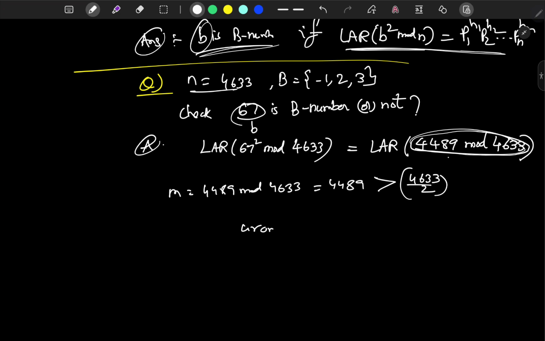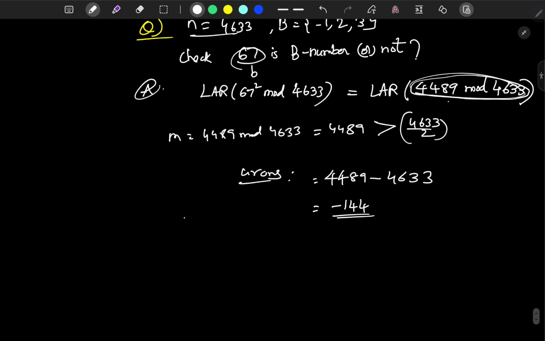So your answer is what? 4489 minus 4633. Therefore your answer will be minus 144. Therefore the LAR of 67 square mod 4633 value will be minus 144.